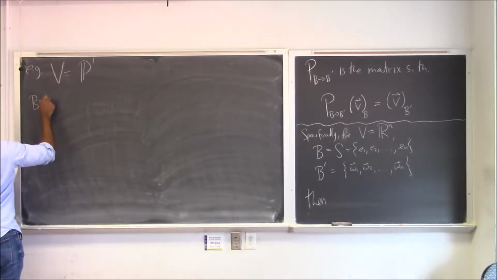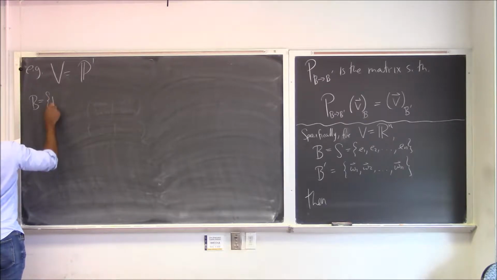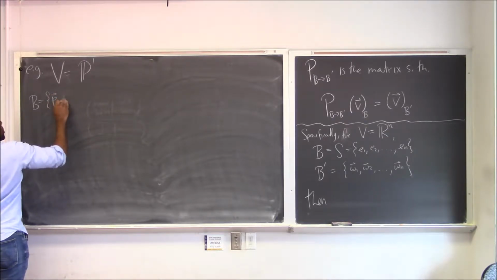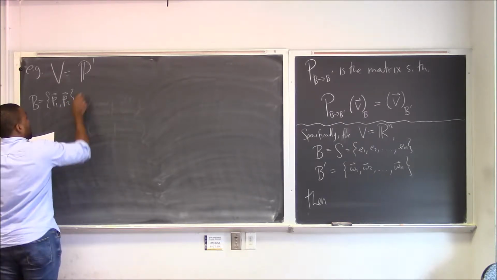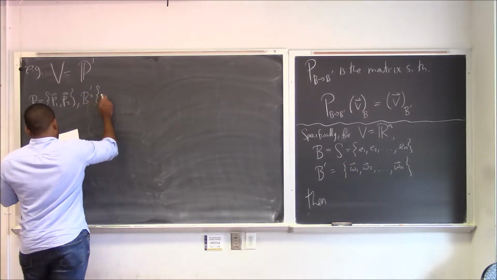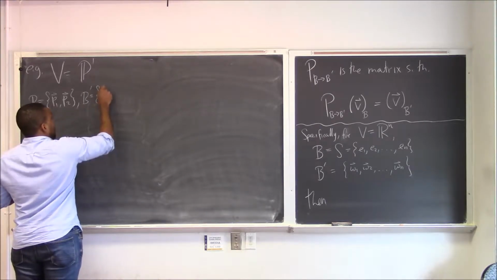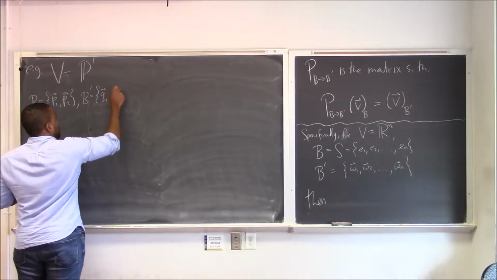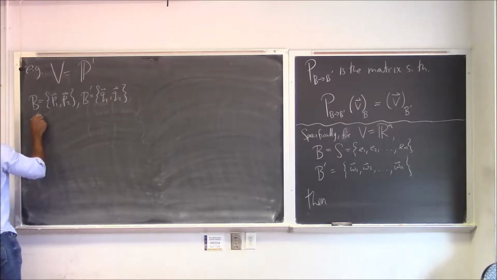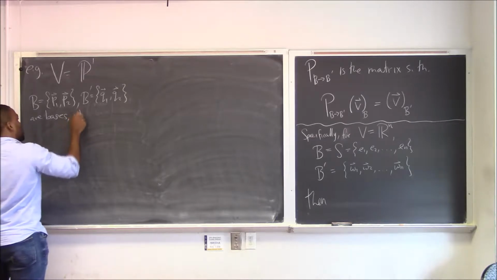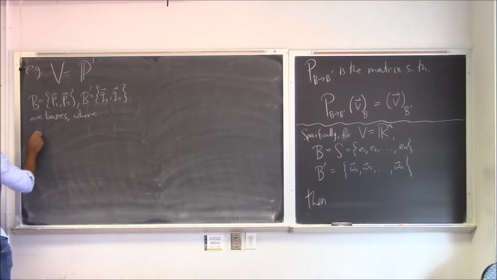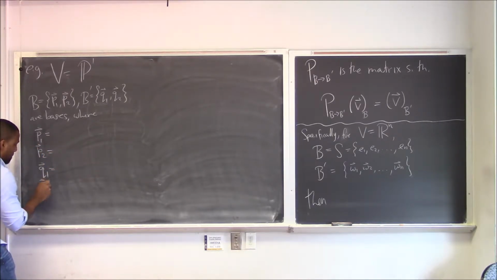Here's a basis for P1, which I call P1 and P2, and B prime, which I will call Q1 and Q2, are bases, where I'll tell you what my P1 and P2, my Q1 and Q2 are.